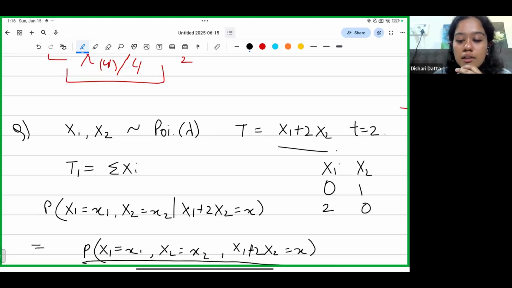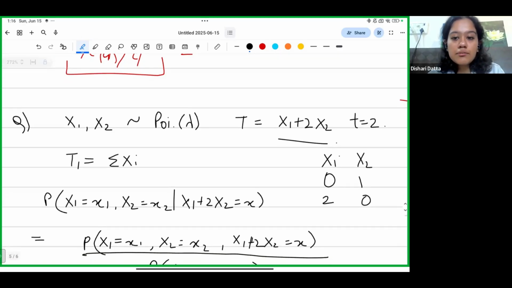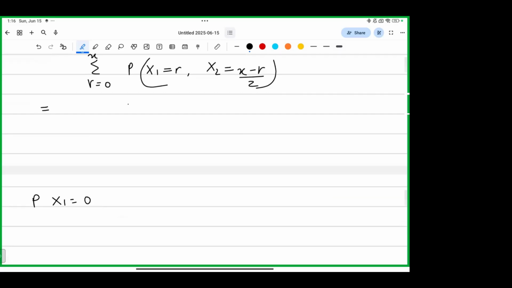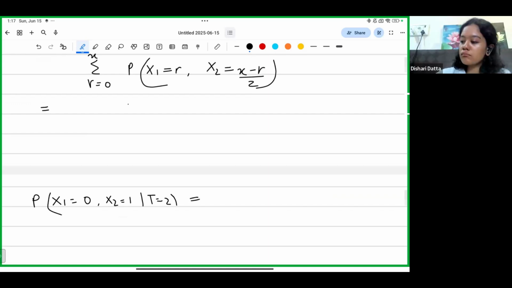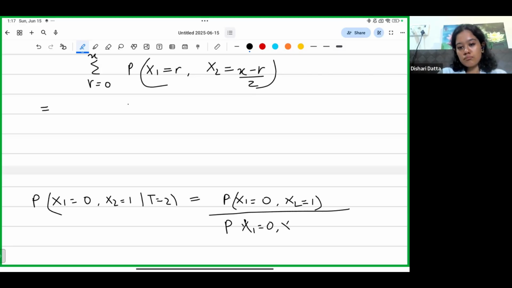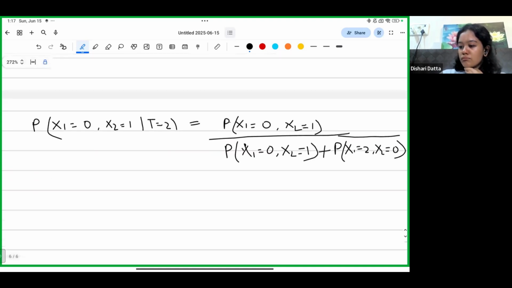Now find the conditional distribution of x given T. That's okay, you don't have to calculate further.